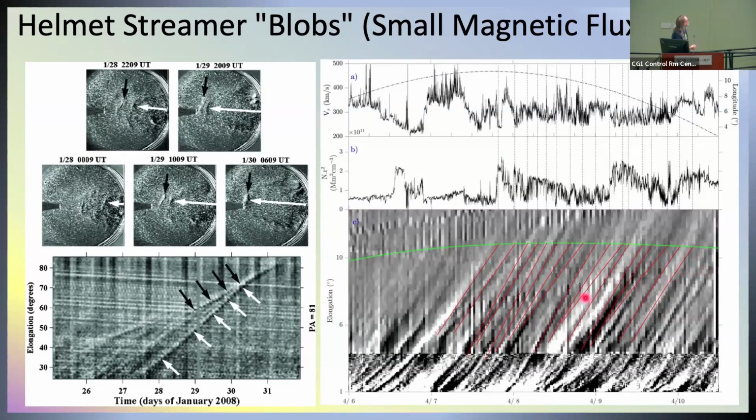So this is what some of that stuff looks like in observations. You can trace a bunch of this outflow from helmet streamers and pseudostreamers in density, in coronagraph images, and even in heliospheric images, in white light.